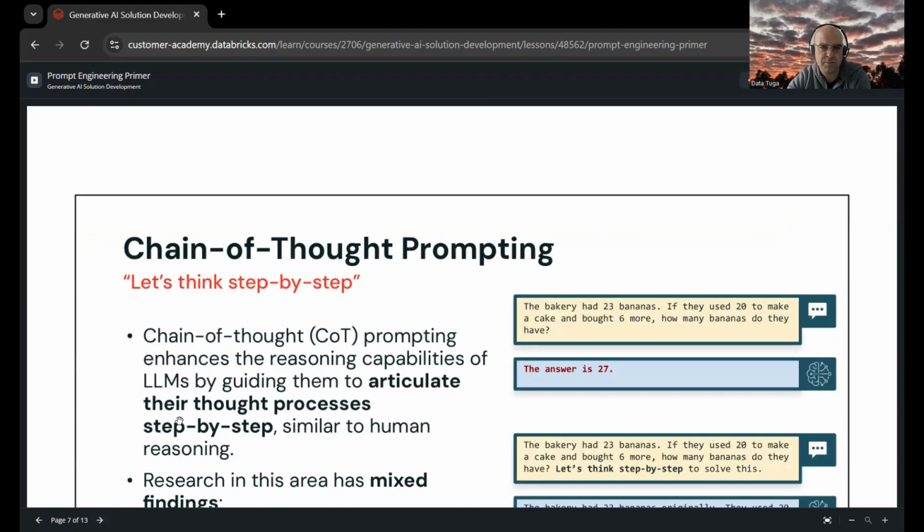It's similar to the other one, but with thoughts. This is good for mathematical approaches. Chain of thought prompt techniques.